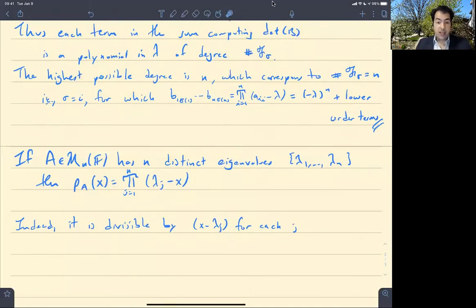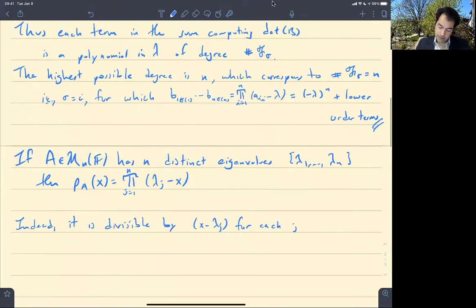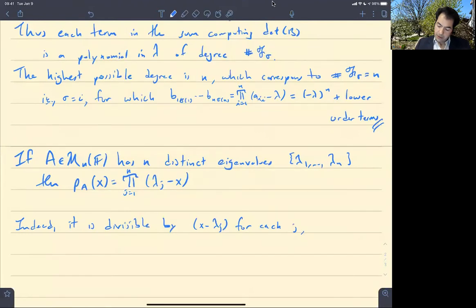So each lambda_j is a root, and that's equivalent to knowing that the monomial x minus lambda_j divides the polynomial. And because it's divisible by each of these, it is divisible by their product, and it's divisible by the product if I multiply by plus or minus 1 as well. So I know that this right-hand side divides the characteristic polynomial.